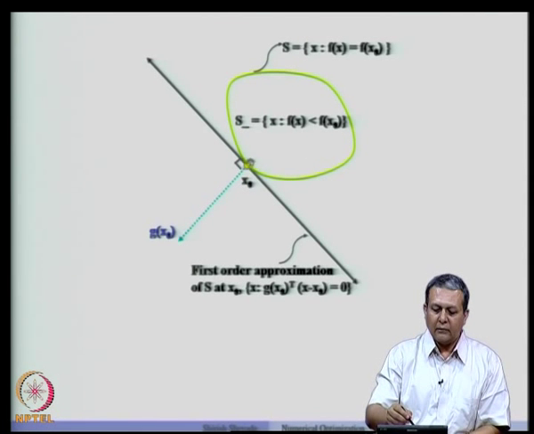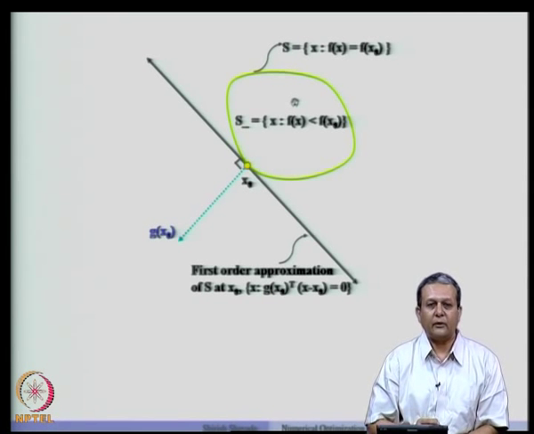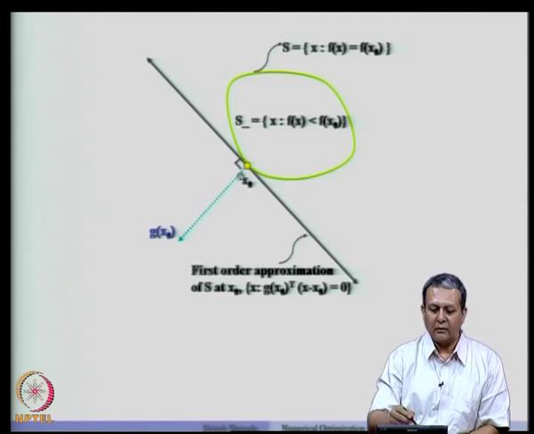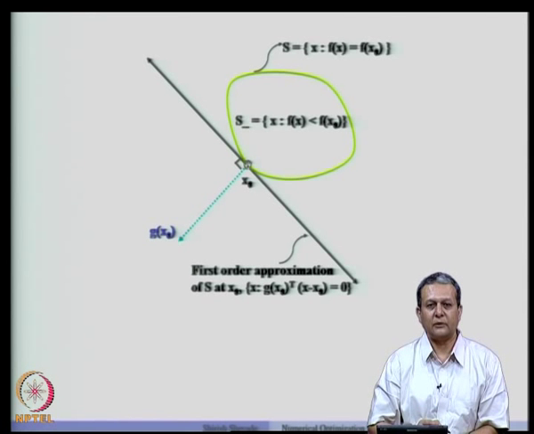Similarly, if we take a direction minus g of x naught, that also makes a 180 degrees angle with g of x naught, but you can see that g of x naught transpose minus g of x naught will be less than 0, because g of x naught is not equal to 0.